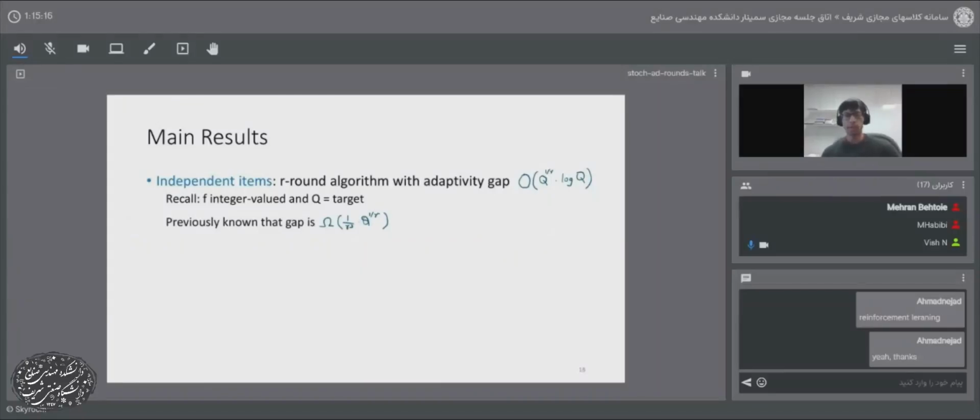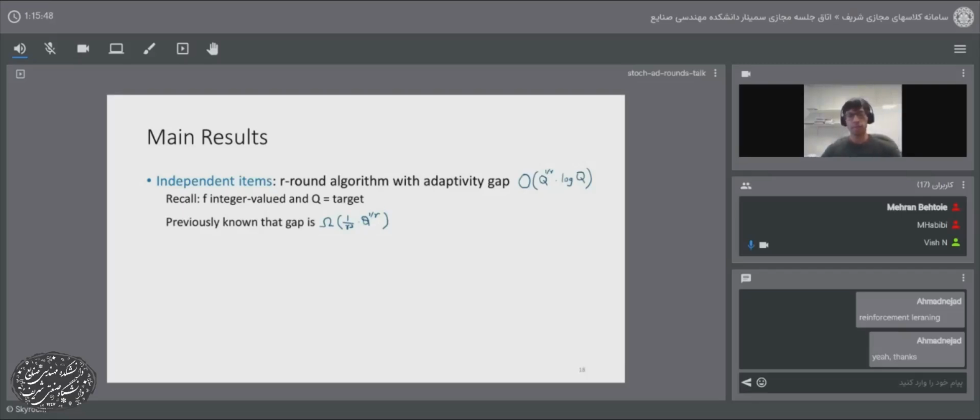So our main results are for the case of independent items, we show that we can get an R-round algorithm that has approximation ratio and adaptivity gap at most q to the 1 over r times log q. So as the number of rounds increases, imagine setting r as 1, 2, 3, and increasing it, you can see that the approximation ratio gets better as a function of q to the 1 over r.